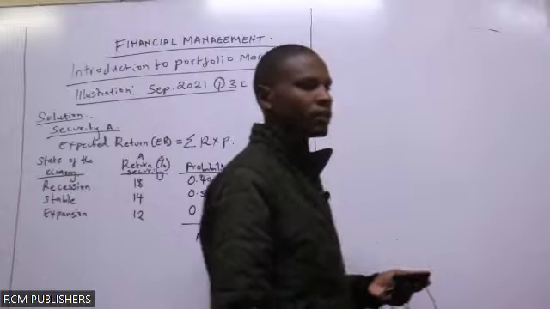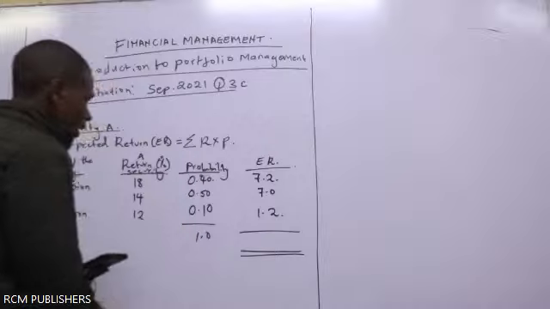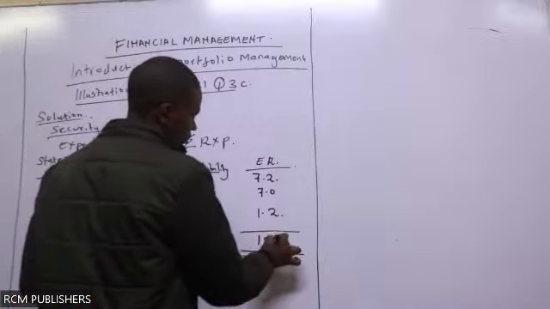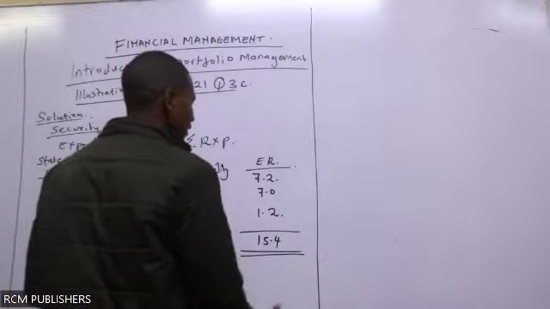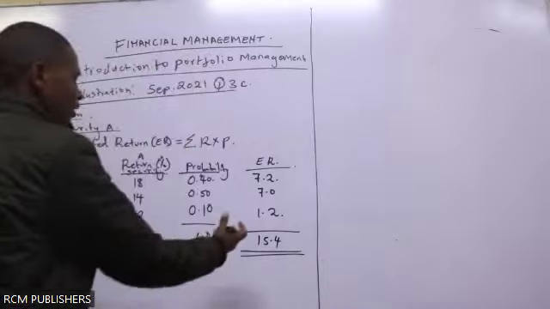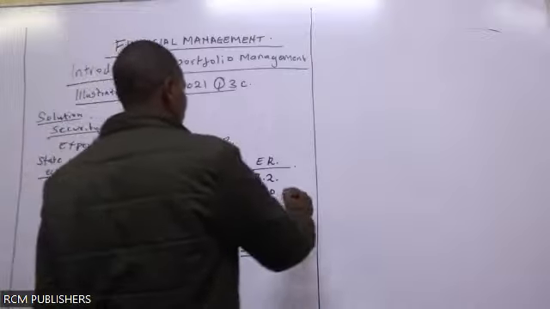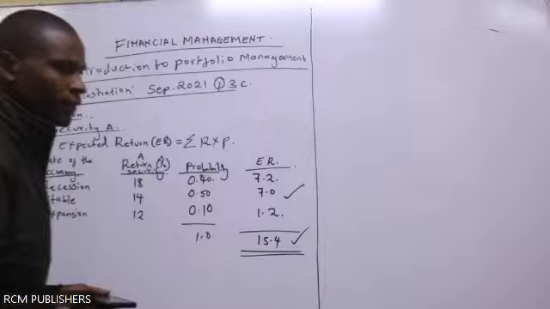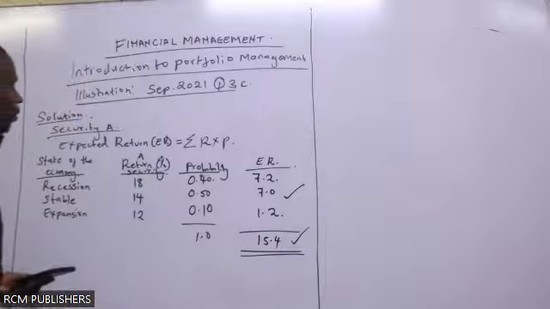Okay. We shall see. So here we are getting 15.4. Of course, this is a percentage. I told you that it is in marks. Those are marks. So that is for the first part.